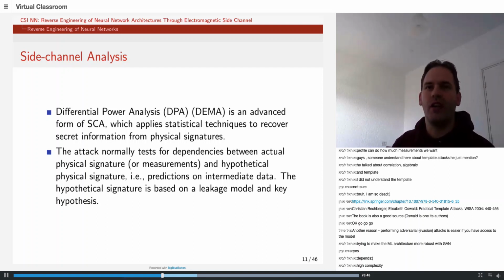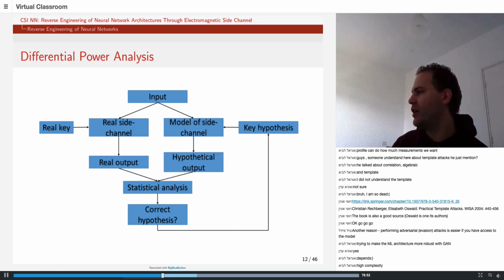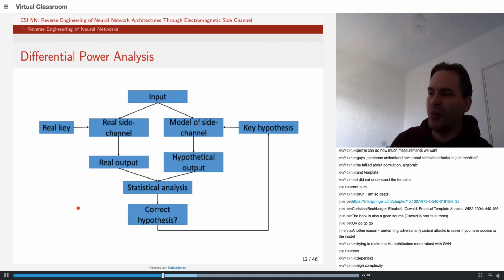And for the key that looks the closest to the real measurements, I will say this is my key. So in some naive diagram kind of way, it will be something like this. You would have your input, your data, and then you have the real side channel measurements, what you are really measuring with your oscilloscope.